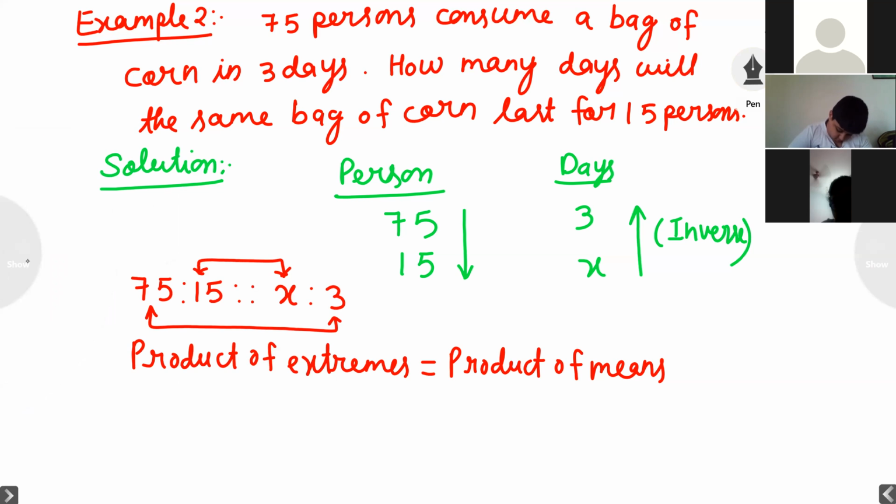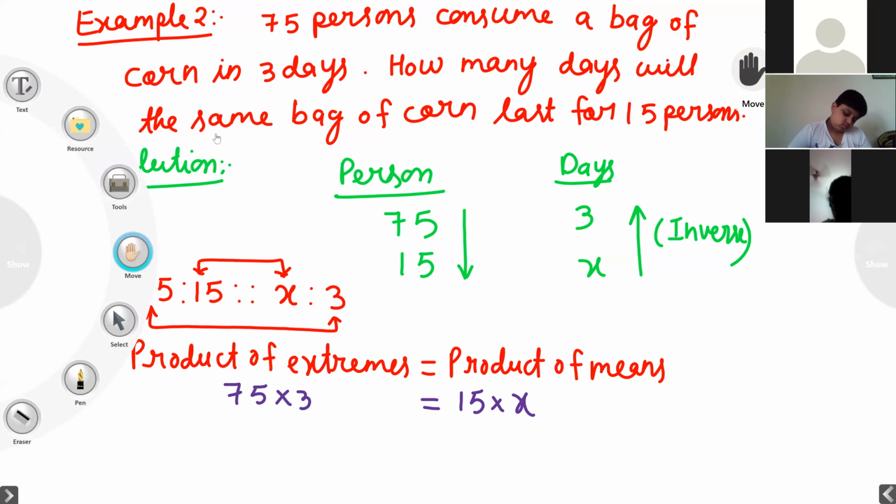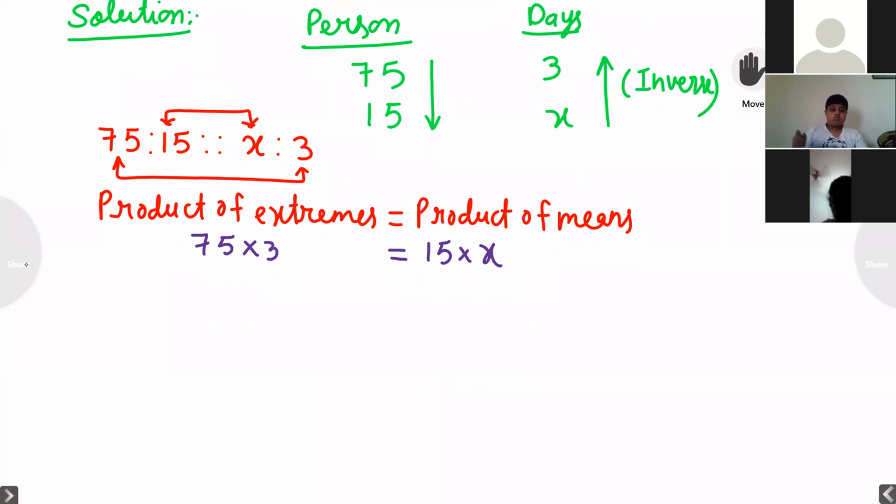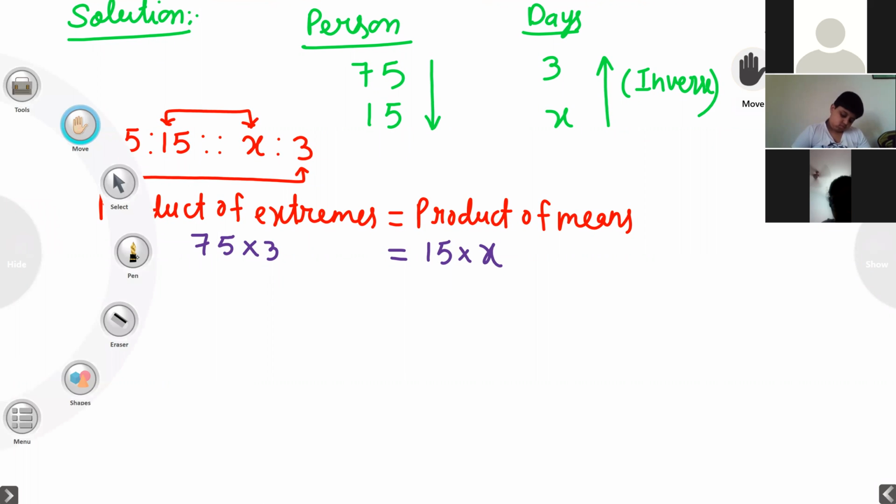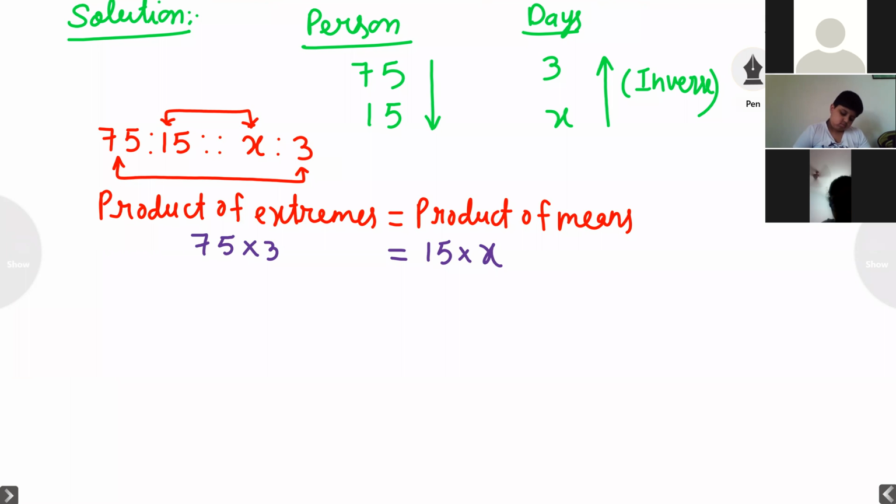75 into 3 is equal to 15 into x. I want to find the value of x. 75 into 3 over 15: the multiplication quantity becomes division. 75 into 3 divided by 15 is equal to x. 15 ones are 15, 15 fives are 75. 5 into 3 is equal to x.